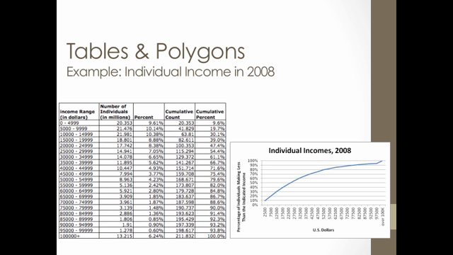Okay, so first of all, tables and polygons. I again use income as my example because those data are really easy to get and you can do a lot of nice things with income data. On the left side is a frequency table that illustrates individual income in 2008. Note how I grouped income on the left side into a range for every $5,000.